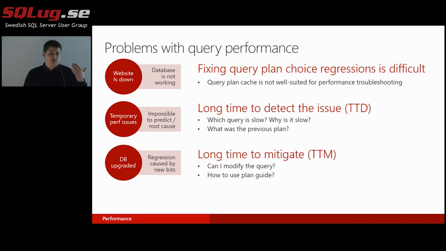So a query that performed well suddenly stops working well after the service pack, and we have to find out why. We have many types of problems, and it can be very difficult to find out what the real issue is. For example, we would like to be able to compare how the query behaved historically and how it behaves right now.